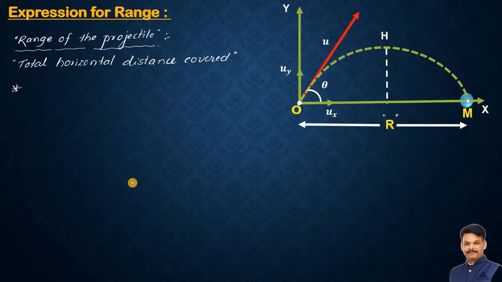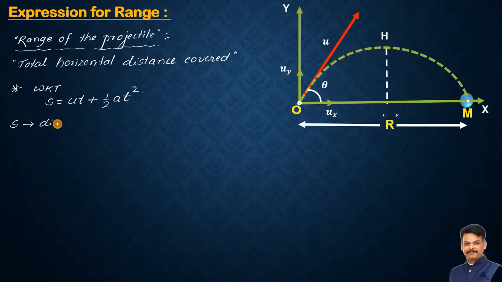To derive the equation for the range of the projectile, first we have to consider an equation we have already learnt. According to the equations of motion, we know that s is equal to ut plus half at square. Dear students, you already know all the symbols in this equation.